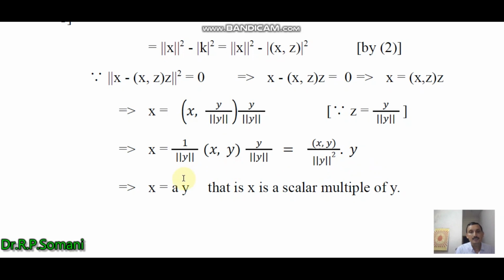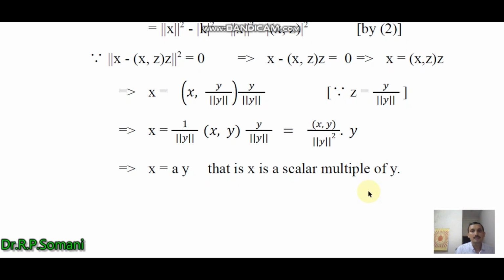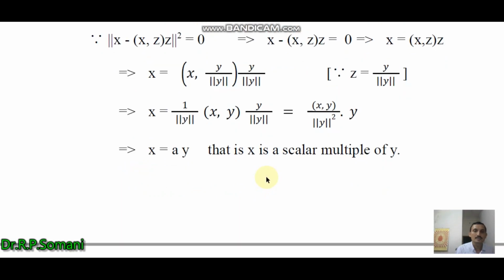So we obtain x equals a y, where the value of a is the inner product of x and y upon norm y square. In this way x equals a y, that is, x is a scalar multiple of y. So if the equality holds, then one vector is a multiple of the other, and therefore they are linearly dependent.